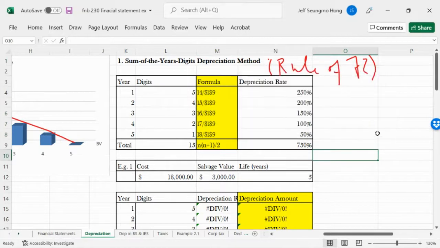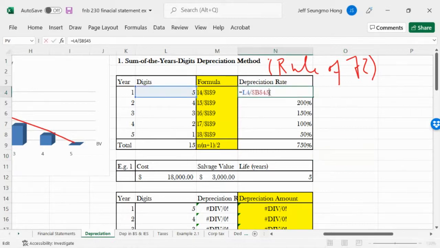Okay. So L4, this is L4, right? Over L9. So then it's going to be 5 over 15, so 1/3, 4 over 15, 3 over 15, 2 over 15, 1 over 15. That way, the weighted depreciation rate will be, right? What's B5? This is pointing to the wrong thing.